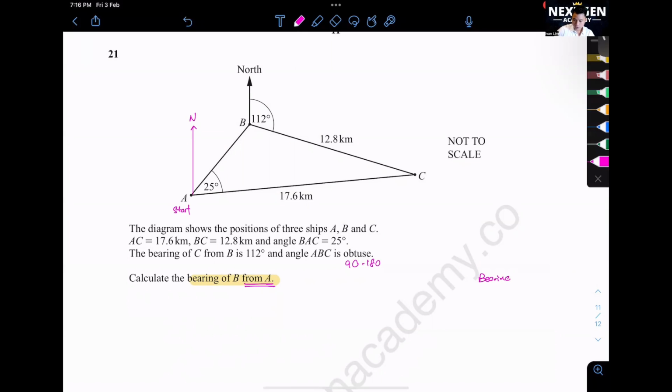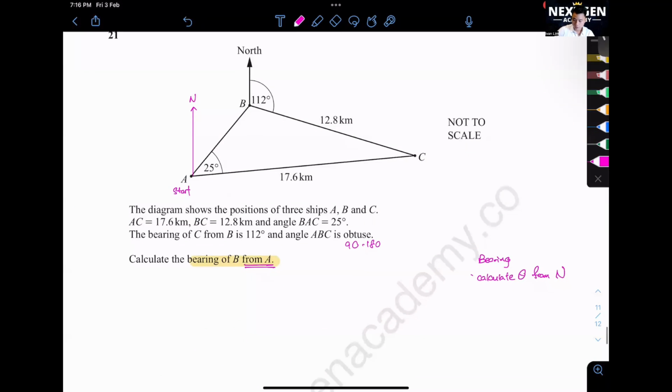Bearing is calculated as the angle from north, in the clockwise direction. So you must always go in the clockwise direction, and then 3 digits before the decimal place.